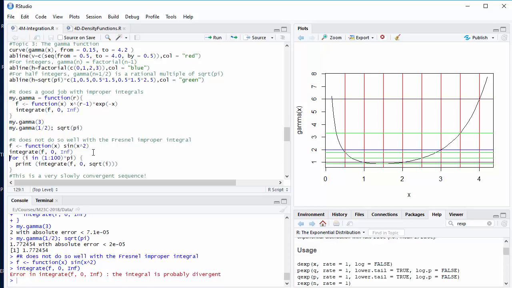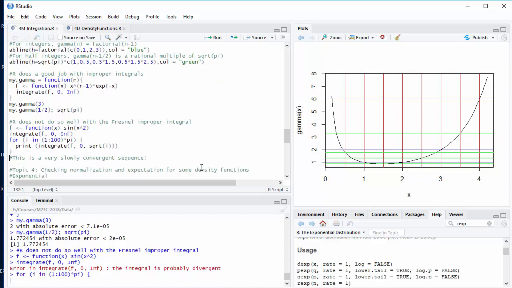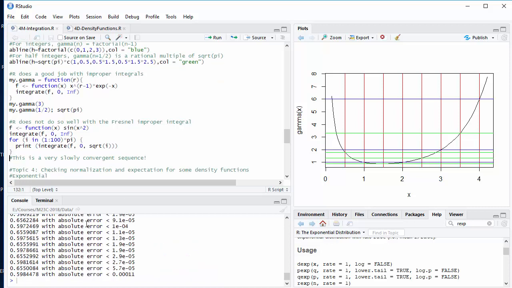If I ask R to integrate this from 0 up to respectively square root of 1, square root of 2, square root of 3, so we're integrating up to the end of every bump in the function, and I print the values out, you can see the values are alternately too large, too small, too large, too small.